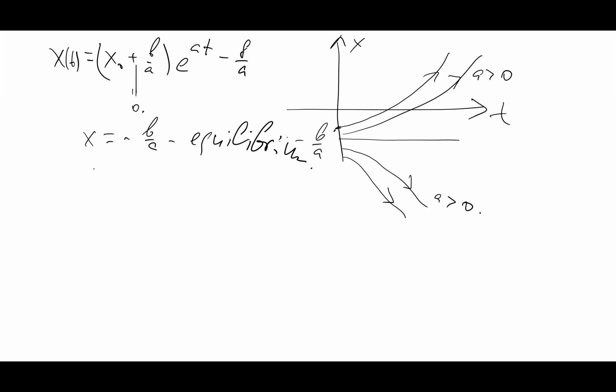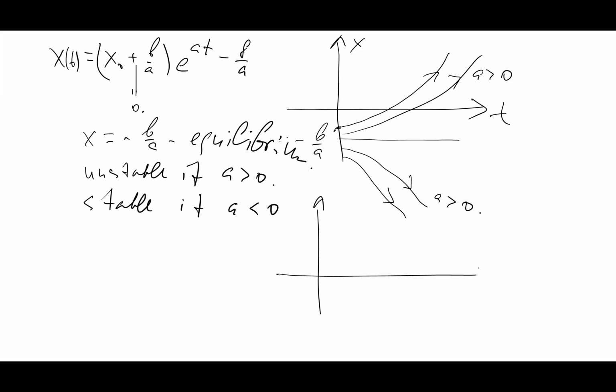So it's therefore unstable if a is positive, and stable if a is negative. If it's negative, then what we will have looks like this. This is minus b over a, this is time, this is x, and now they all converge.